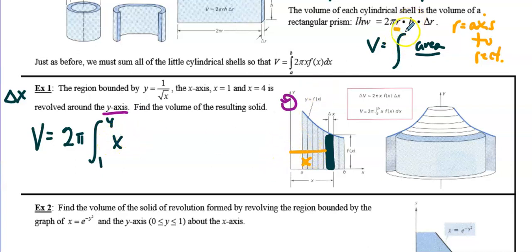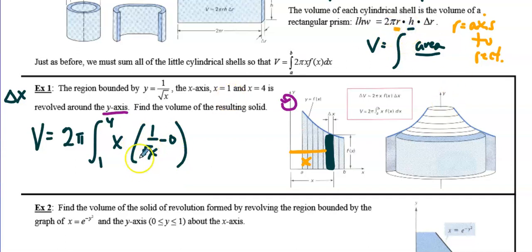And then we're going to look at our height. Our height, guys, is going to be exactly what you've seen before. It's going to be the change in our y, our top function minus our bottom function. And again, because the rectangle is vertical, it's top minus bottom. So our top function is going to be 1 minus the square root of x. Our bottom function is going to be 0. So minus 0, we are not squaring this. It's just the height, right?